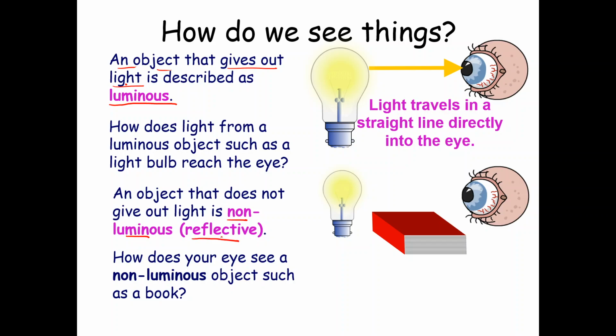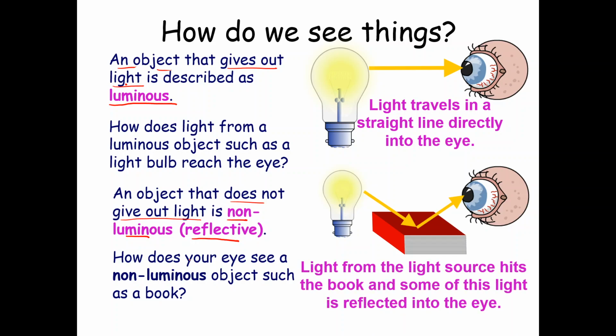Now, the level of their reflectiveness depends on the surface of the material and other factors. But the reason that we see an object that is non-luminous, so an object that does not give out light, is the light is reflective or bounces off of that object.